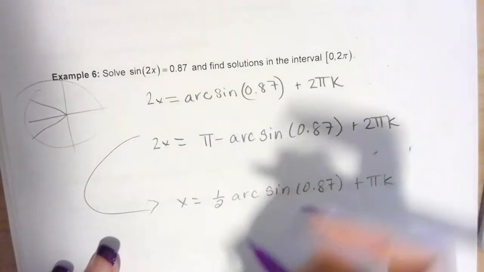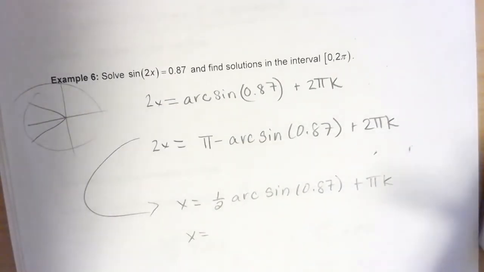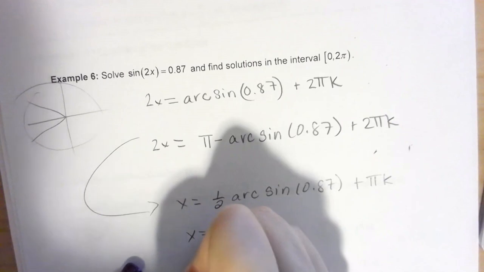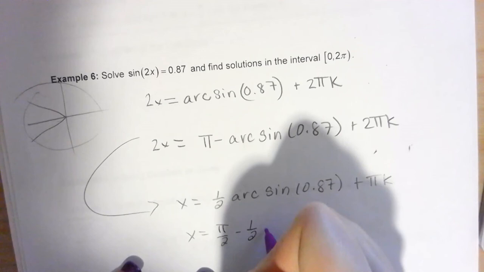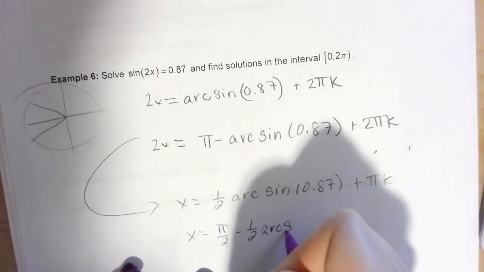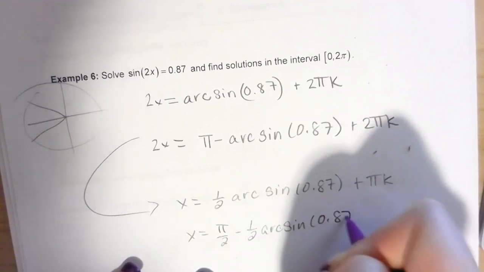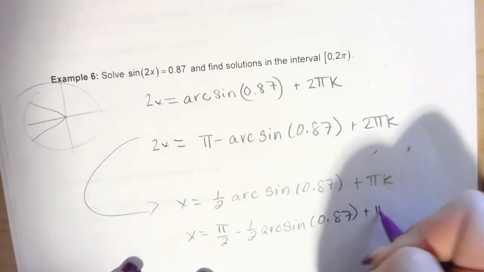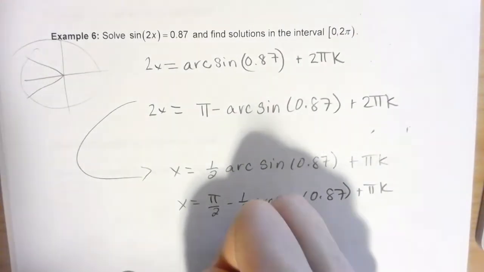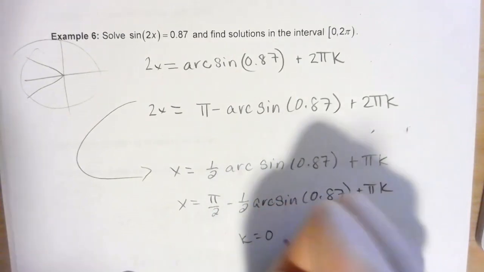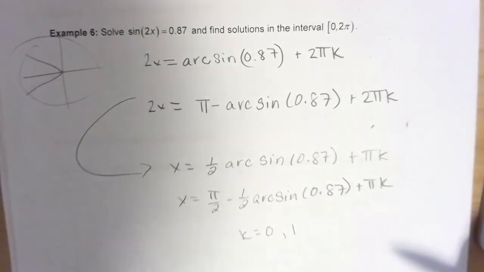And in the second one here, we get x equals pi over 2 minus 1/2 arc sine 0.87 plus pi k. Alright, let's talk about the values of k now. We assume that k can be 0 and 1, and once we plug those in, we'll get our answer, and we are all set.